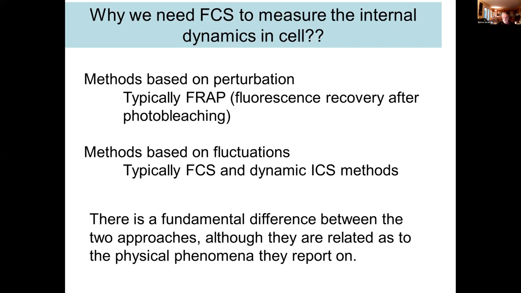But there are other methods which are based on fluctuation, which are very different in nature. And I will talk about the difference between methods based on FRAP and methods based on fluctuation. And I say in the last sentence of this slide, there is a fundamental difference between the two approaches, although they are related as to the physical phenomena they report.